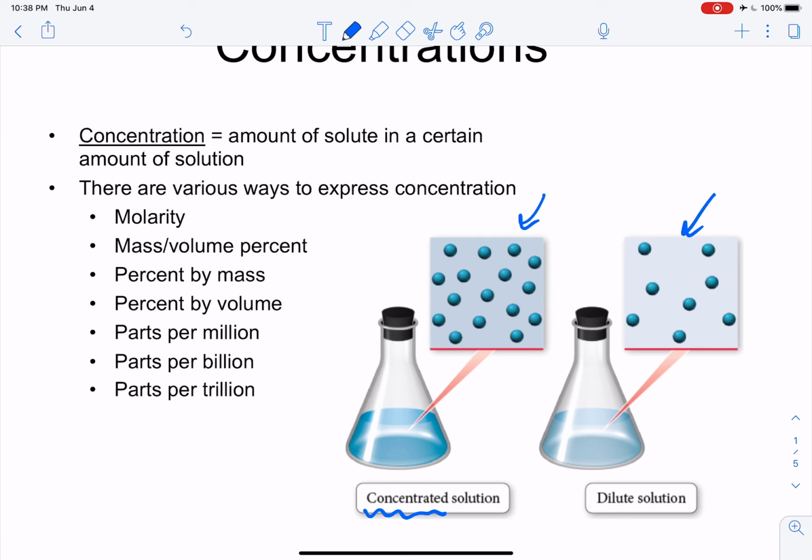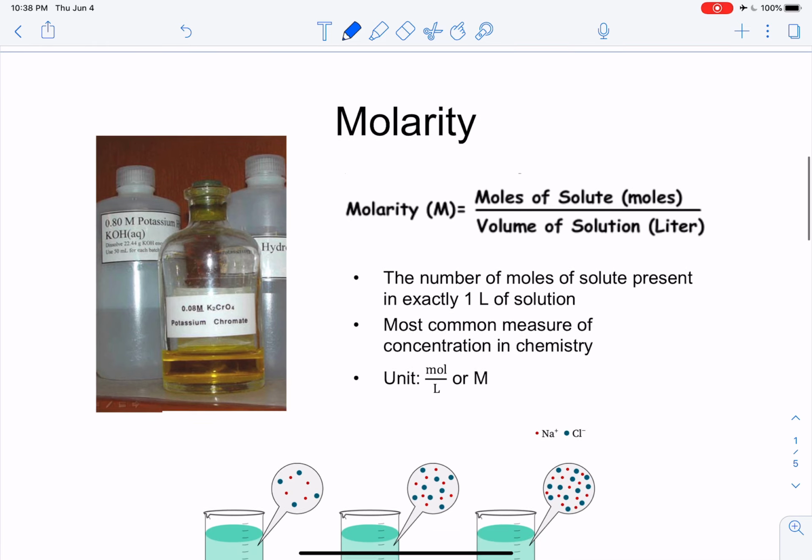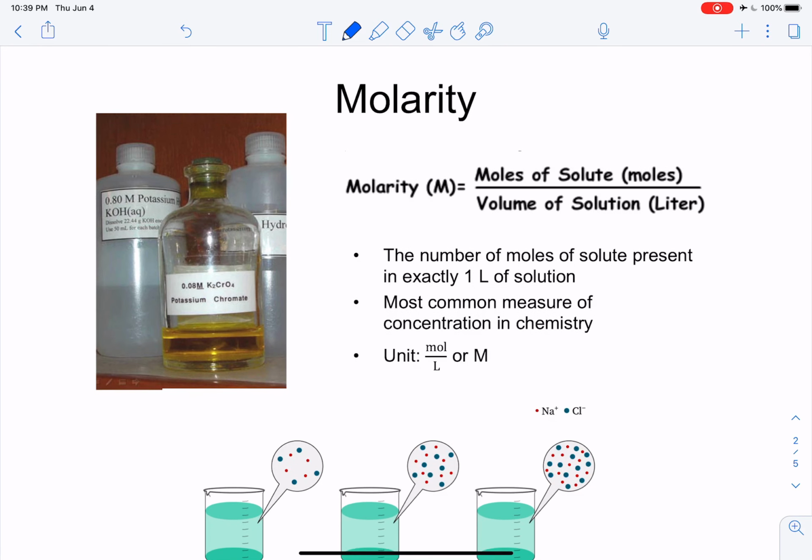Now, the most common measure of concentration in chemistry is molarity. And molarity is moles of solute over volume of solution, and that's in liters. So it's not M, that would be mass. It's moles over liter. And we can see that right down here.